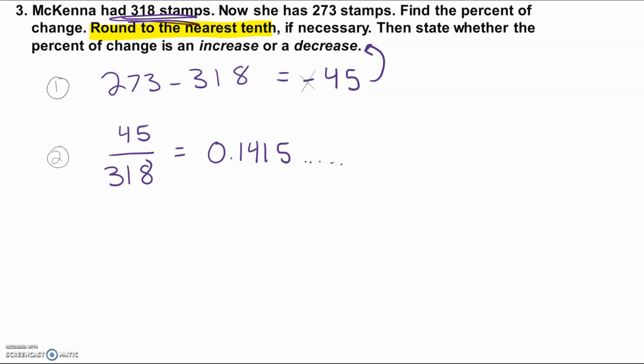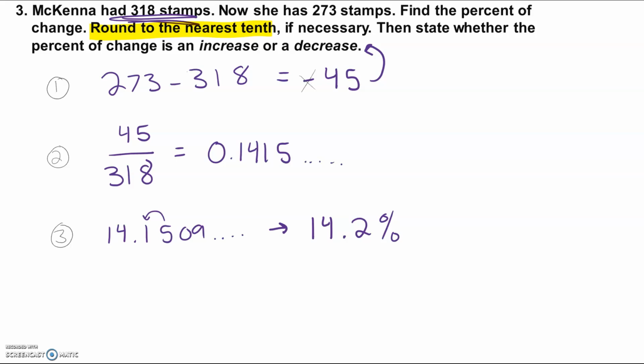So that means I only want one number after my decimal. So I can multiply this times 100 first. So I multiply by 100, so it's into a percent now. And I'm going to get 14.1509... And we're going to round that to the nearest tenth. 5 means we're going to round up, so we're going to get 14.2%.